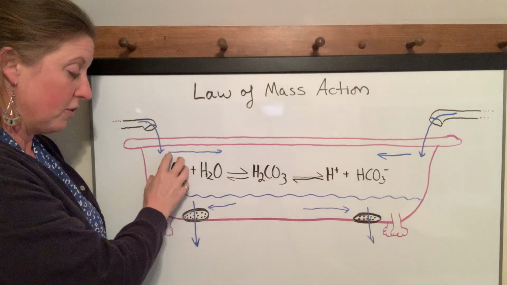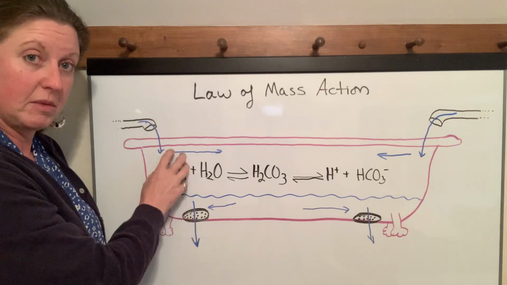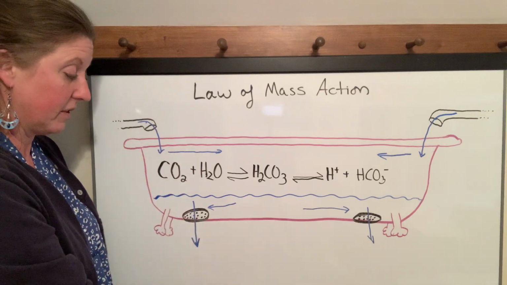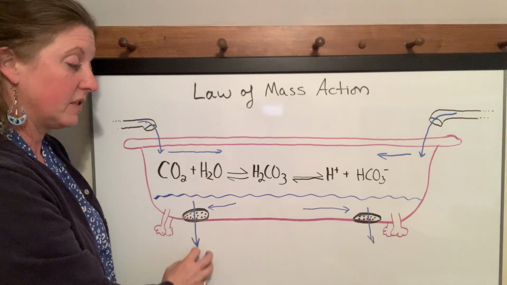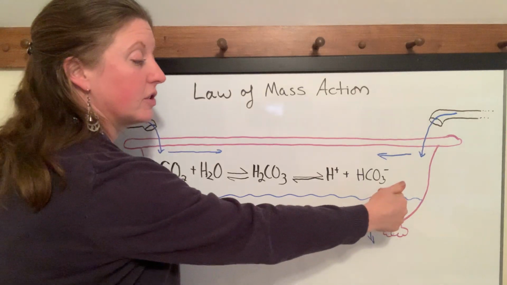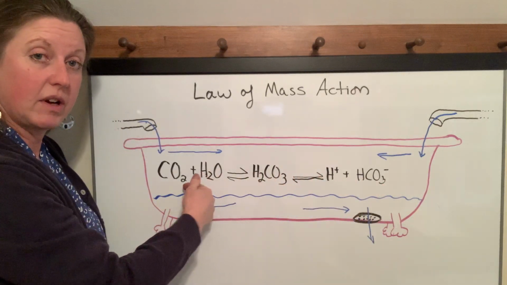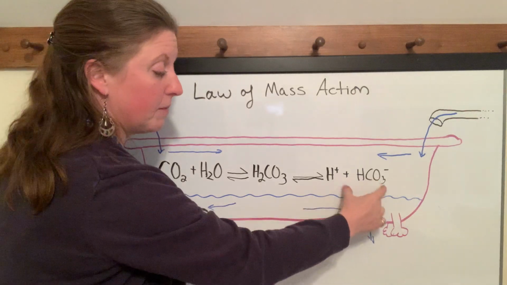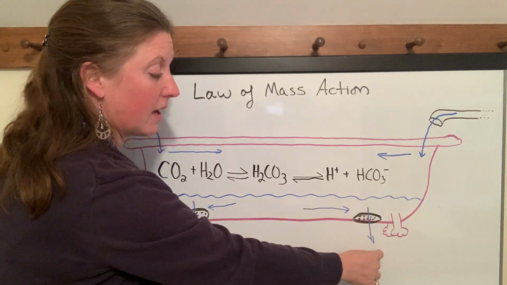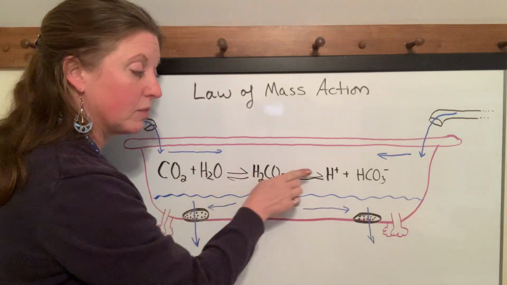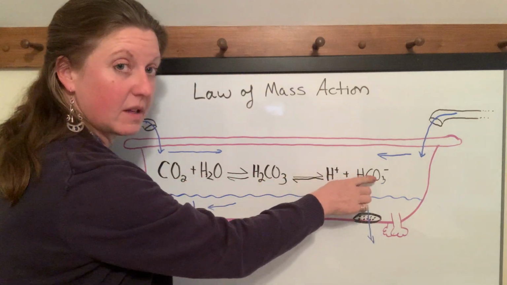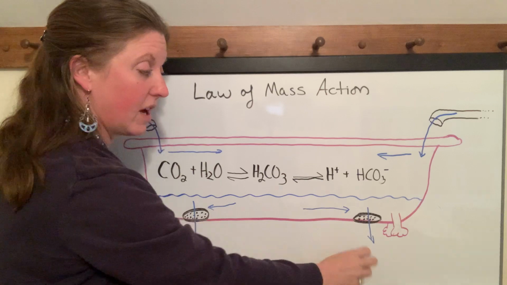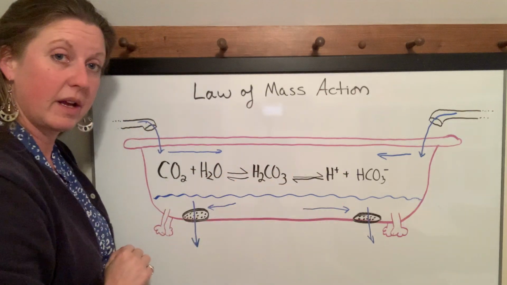If I remove CO2, so I'm letting CO2 go out of the drain, then the reaction's going to move in this direction to create more CO2. If I remove bicarbonate and proton, then the reaction's going to move this direction. If they're leaving out of the drain, then the reaction goes this way.